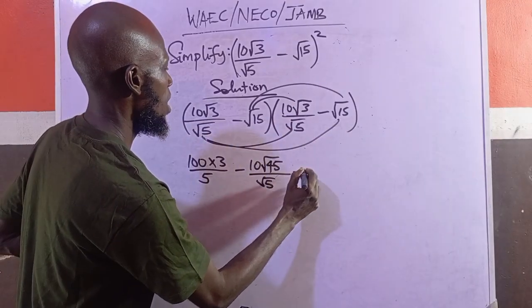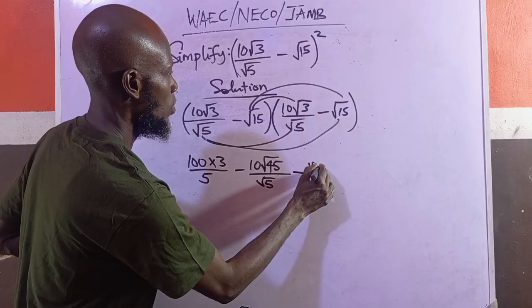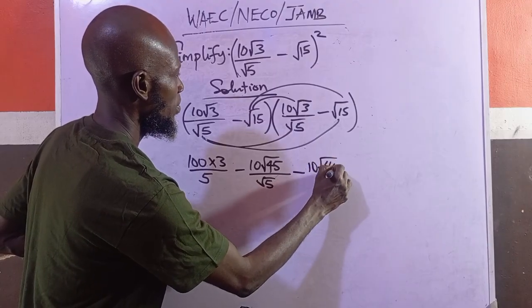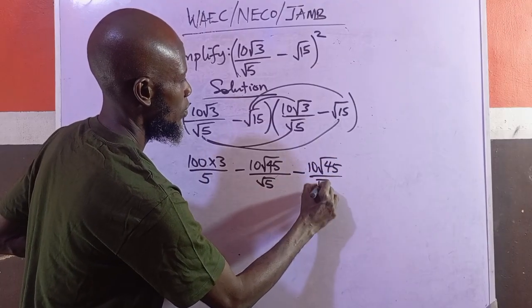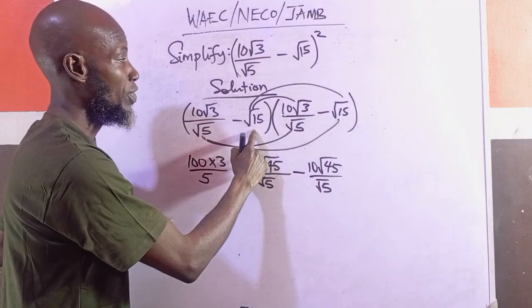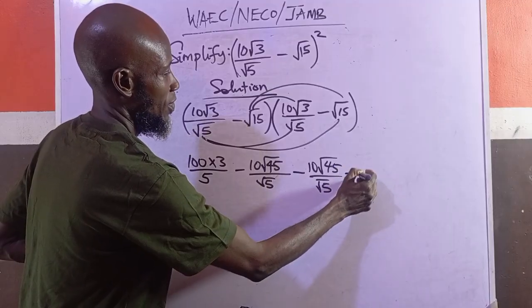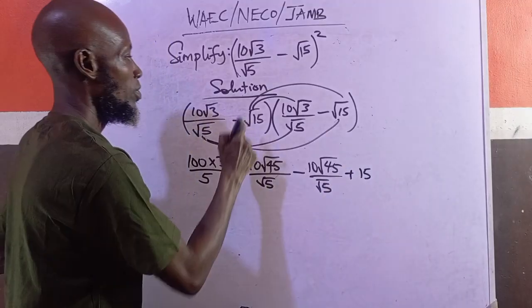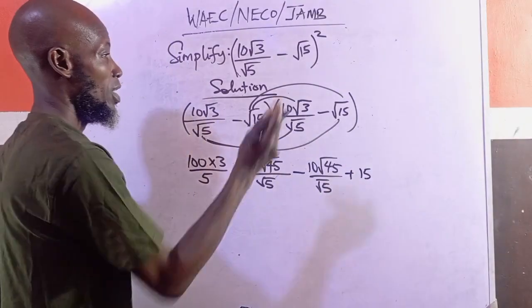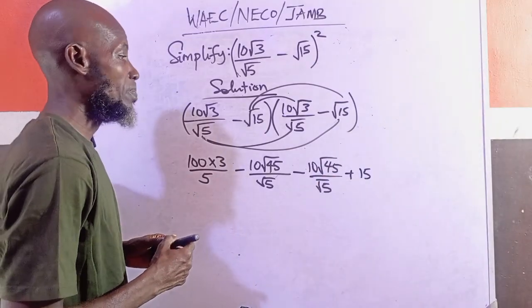That will give us minus 10 root 45 over root 5. And then minus root 15 times minus root 15, that would be plus 15. Root times root will clear off, so we are going to have 15.